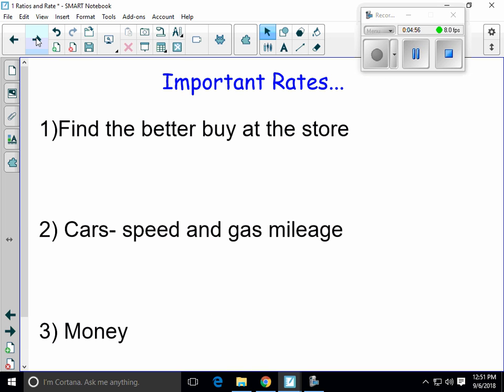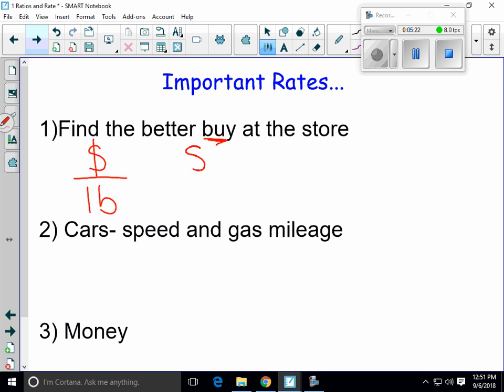Okay, I want to talk about some important rates, some applications that you'll see in real life. So one thing is when you're buying things at the store. Some items are sold by the item, but some are sold by the weight. Like you may see cold cuts at the deli. They're sold by the pound. They'll say it's $7 per pound.